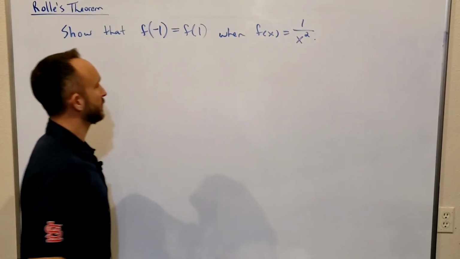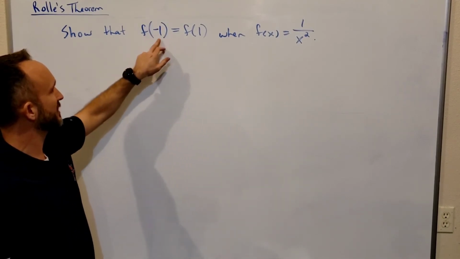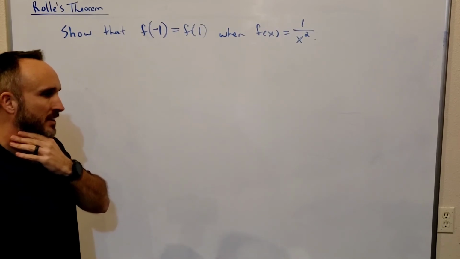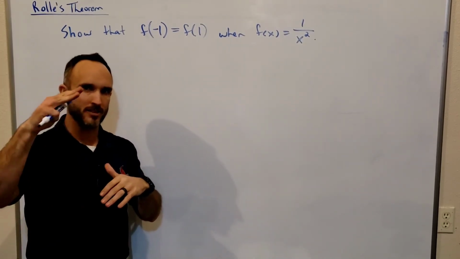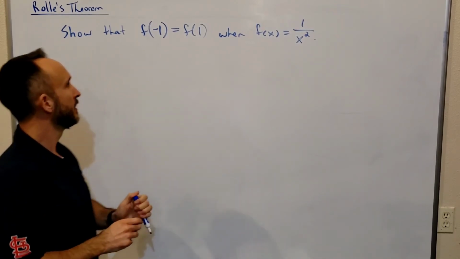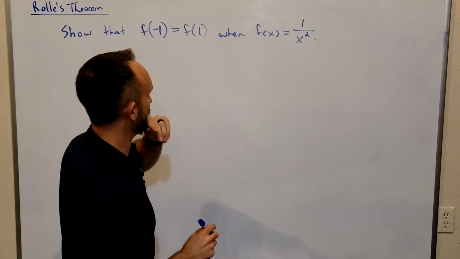Okay? So we're going to show that that's true. You might recognize this as being something similar to the third hypothesis of Rolle's theorem. And by the way, you don't have to remember the hypotheses in that order. You just have to remember the three hypotheses. Okay? So we're going to show that f of negative 1 equals f of 1 for this particular function.